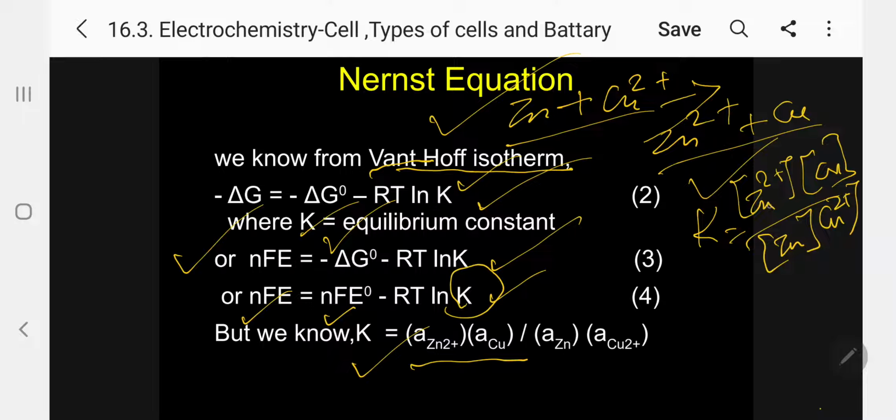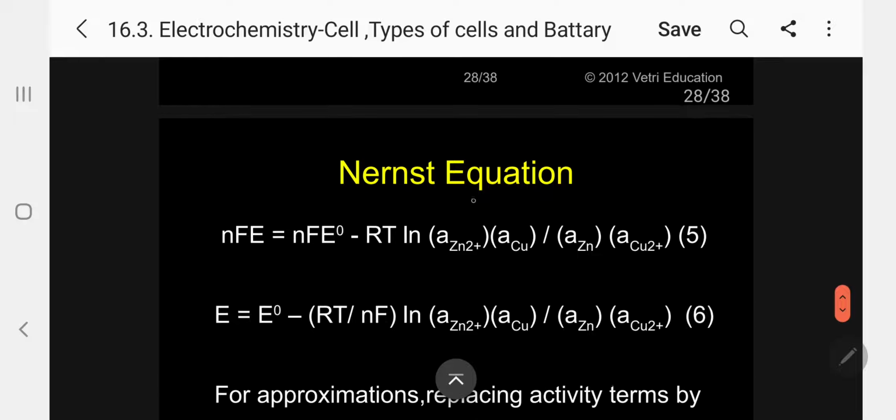Actually, you are using concentration terms, but the strict rule is to use the activity of the species, as in single electrode potential. That's the difference between activity and concentration. There is a difference. So here, activity of zinc 2 plus into activity of copper, that is product, divided by activity of zinc into activity of copper 2 plus, that is the K value.